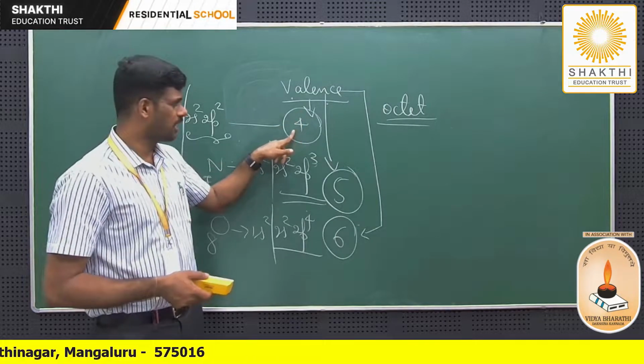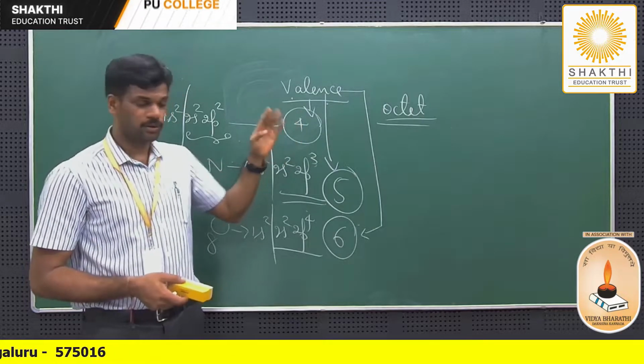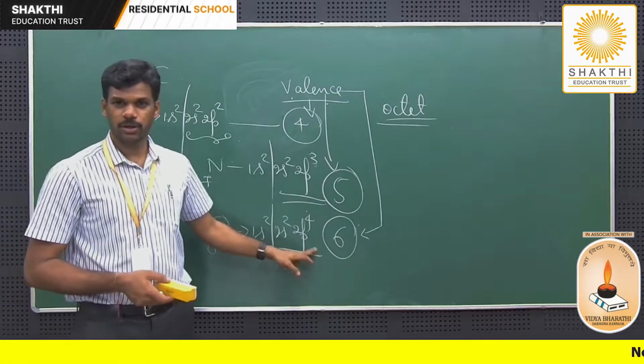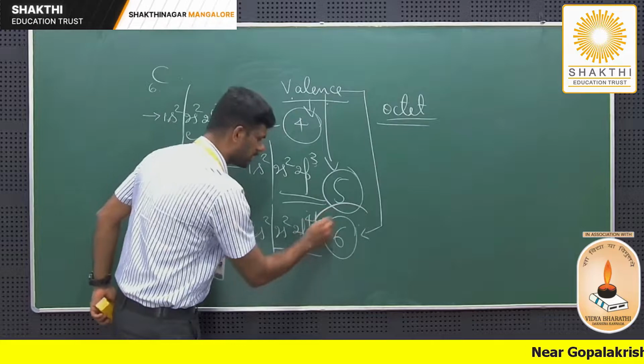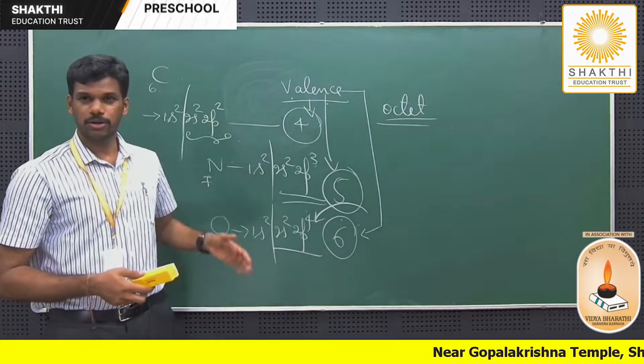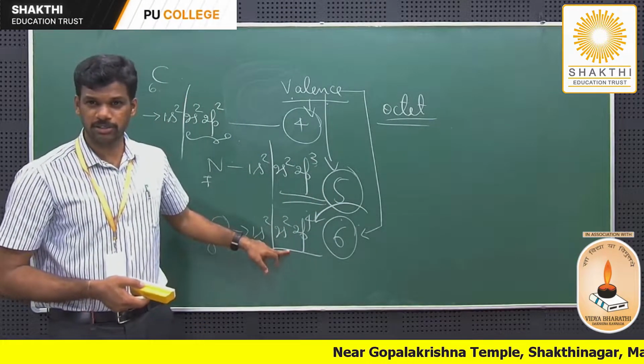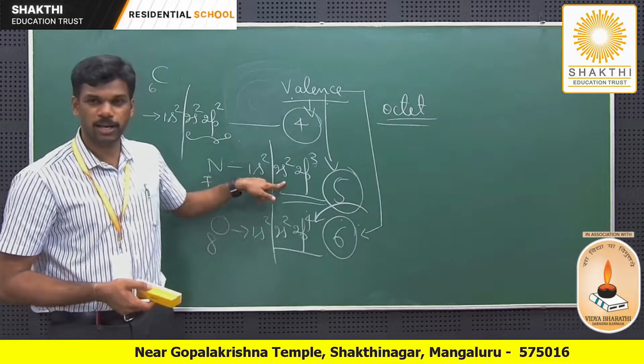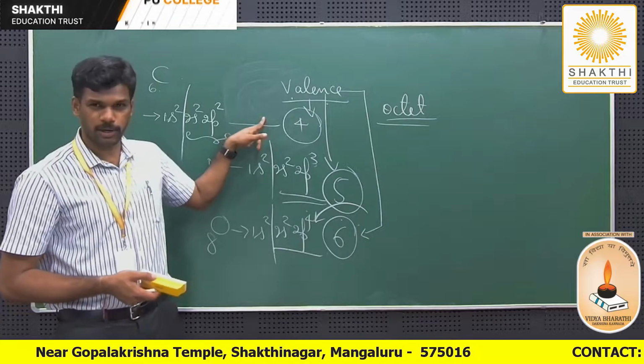Carbon has 4, nitrogen has 5 and oxygen has 6. To fill this particular orbital and be stable, 8 electrons are a must. So 2 electrons should be added to oxygen, 3 should be added to nitrogen, 4 are required for carbon.